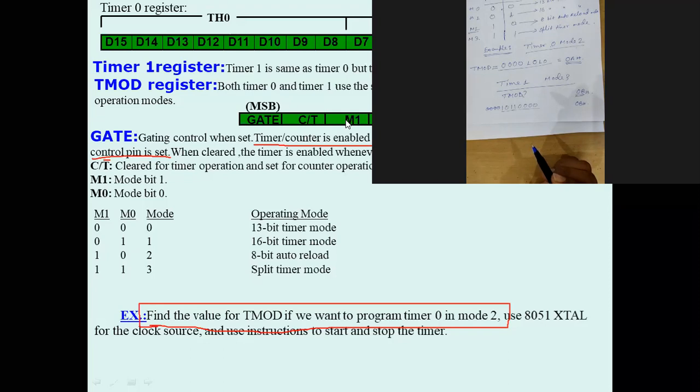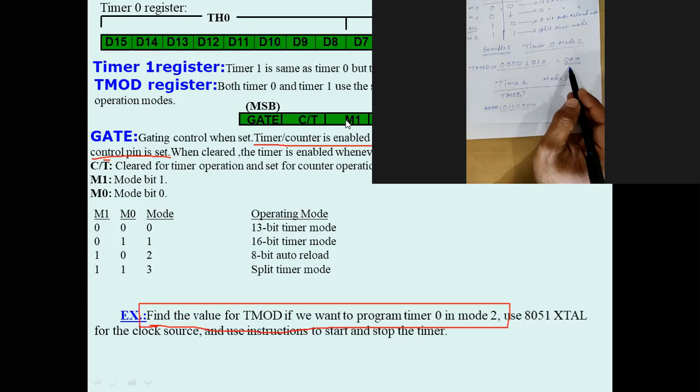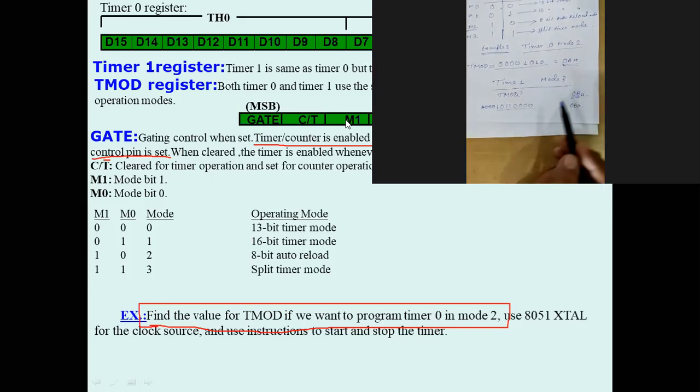Vishaka: Sir, gate value will be 1. Tell me in hexadecimal number, no bit pattern is required, like here we found 0AH.